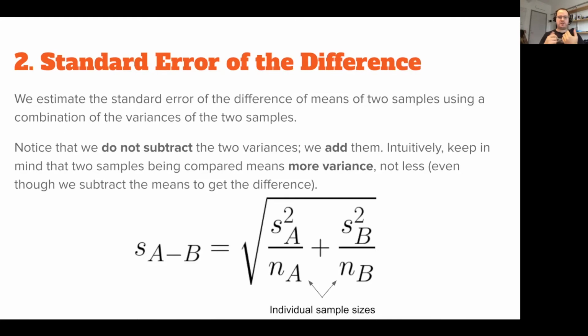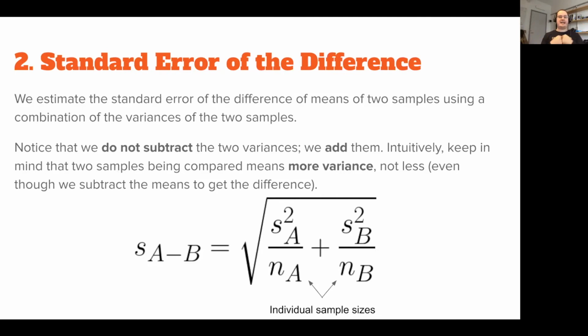Because it might be intuitive, you might think, oh, if I'm subtracting the two sample means, then maybe I should subtract the two sample standard deviations also, because why not, right? I mean, if I'm subtracting one thing there, I'm subtracting the other also. But actually, conceptually, that's not what's really happening.